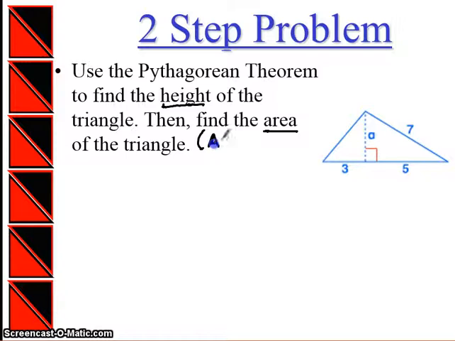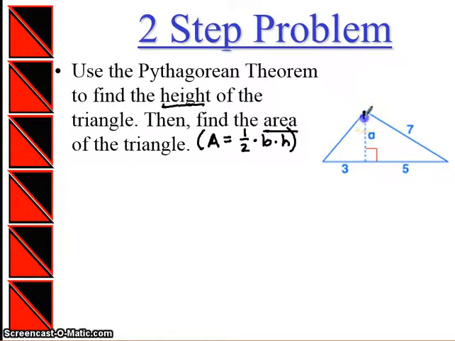Remember, area of a triangle is always equal to 1/2 times the base times the height. So you can see that since the height is an unknown here, we are going to have to figure out what that height is first because it's part of what I need for figuring out the area.